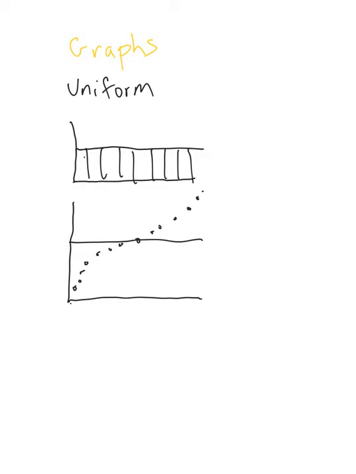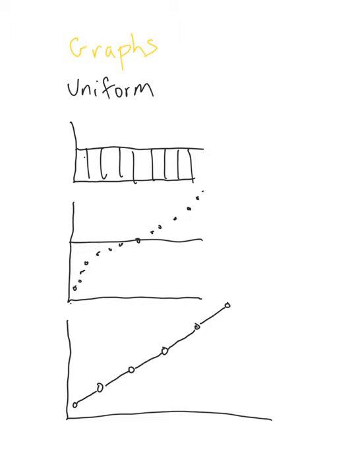Next, if I were to draw a line graph, where you connect the dots with a line, it would form a straight line and be uniformly angled. So it'd have a y equals x slope, a slope of 1 in a straight line.